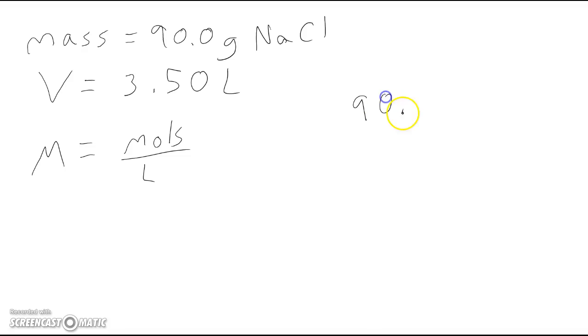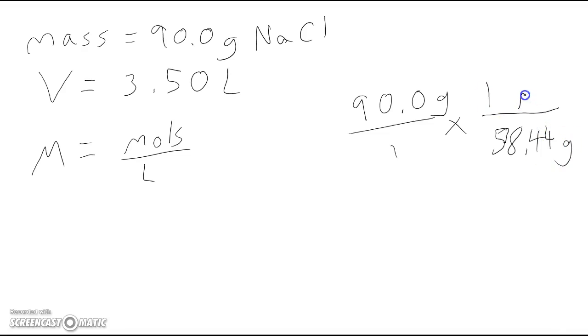So we'll do 90 grams over 1, times 1 mole per 58.44 grams. Grams cancel, so we'll have 90 divided by 58.44, giving us 1.54 moles.